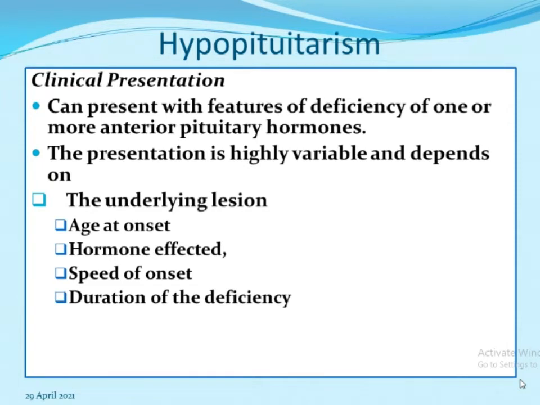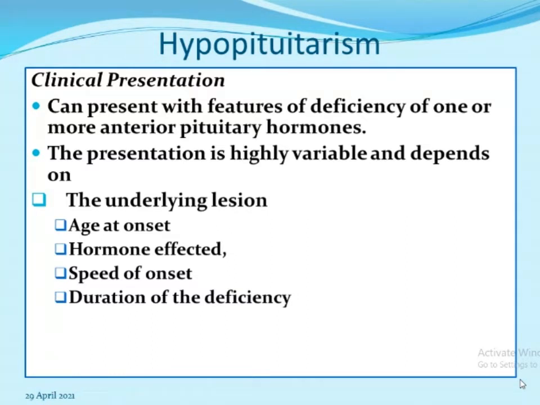So now I will explain to you the clinical presentation of hypopituitarism. How can people present if they develop deficiency of pituitary hormones? They can present with features of deficiency of one or more anterior pituitary hormones.